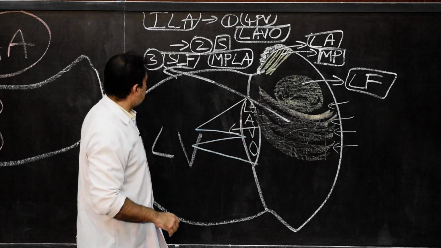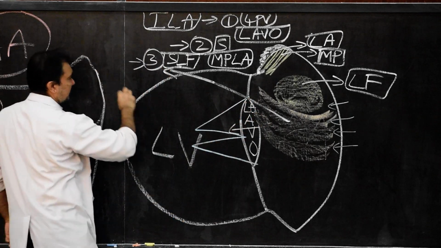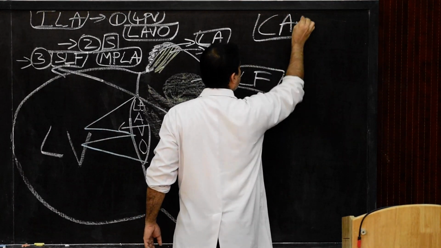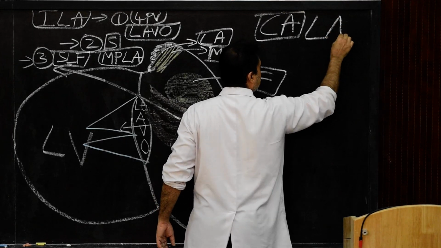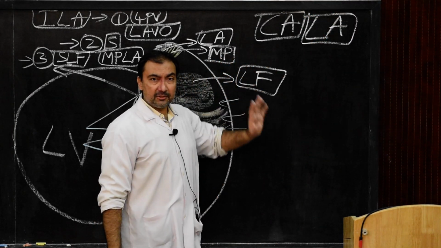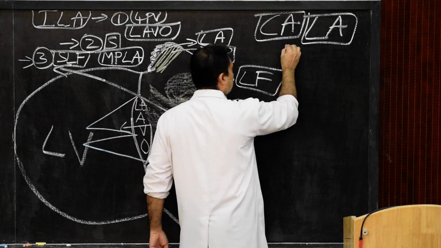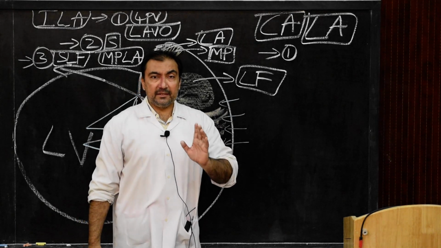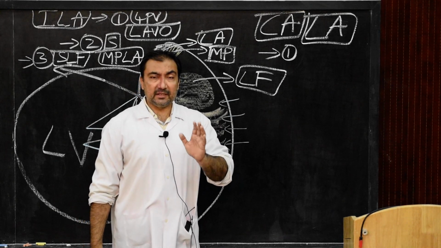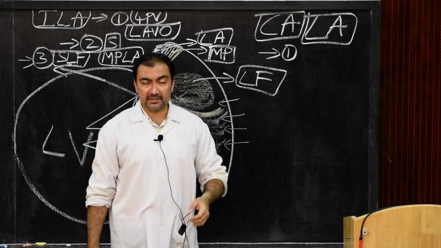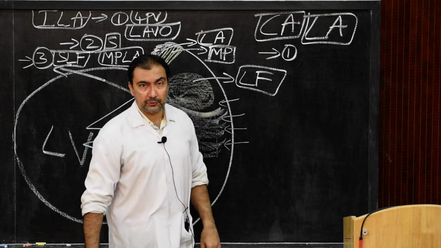Now clinical anatomy. Please come on this side, I will write down the clinical anatomy of the left auricle. These points are very important. Clinical anatomy of the left auricle. Number 1, the left auricle is the potential site for the formation of thrombi.